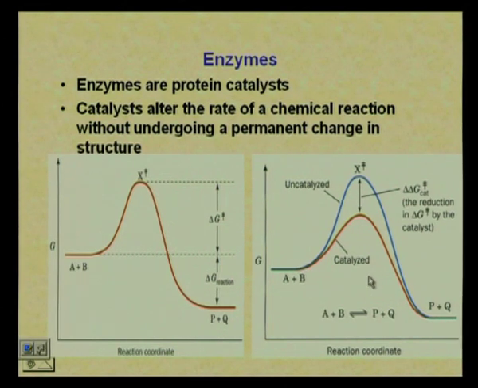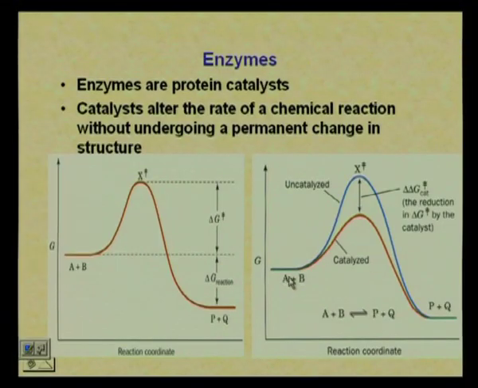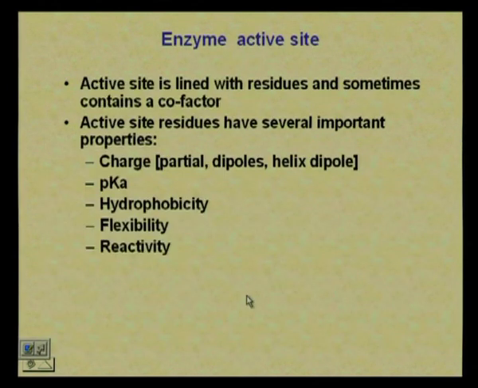It means that the rate has been enhanced. But the delta G itself has nothing to do with the rate. The delta G, you have to remember, is a thermodynamic quantity, right? But the activation energy that we are considering is a kinetic quantity. This distinction is extremely important when we are considering enzyme catalysis.